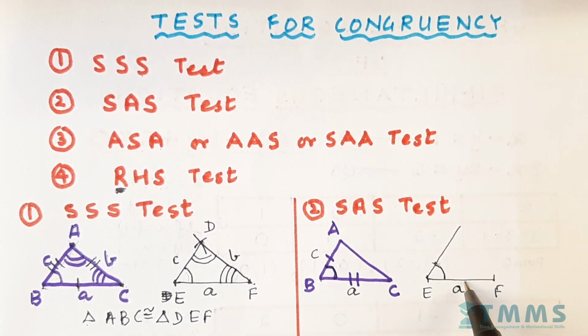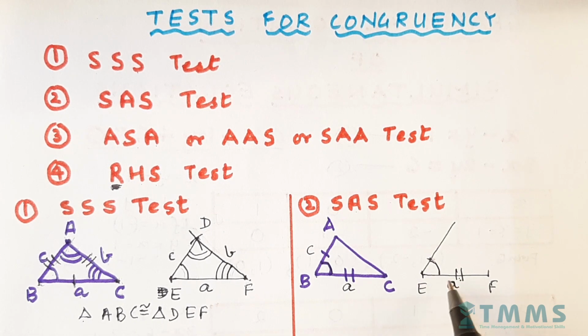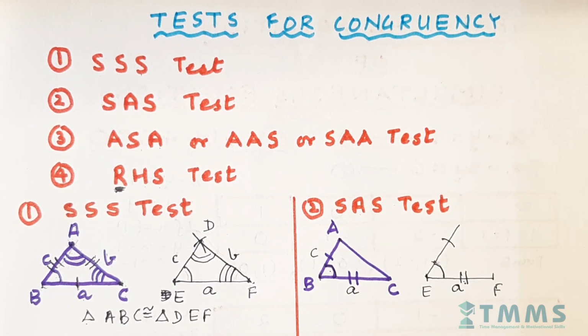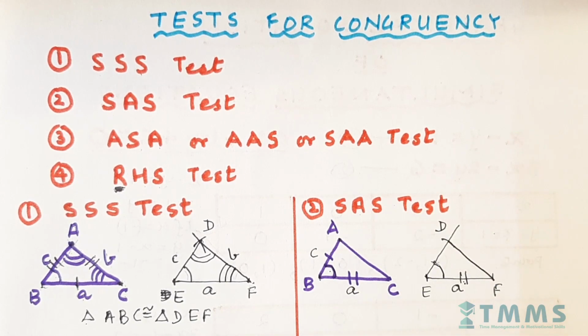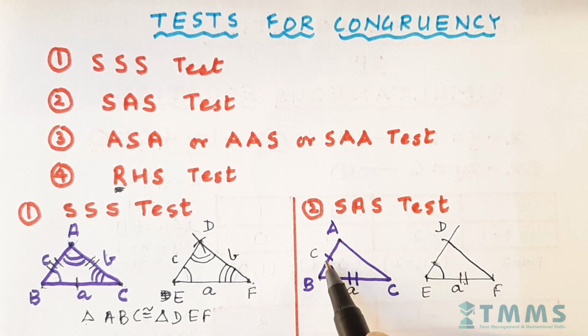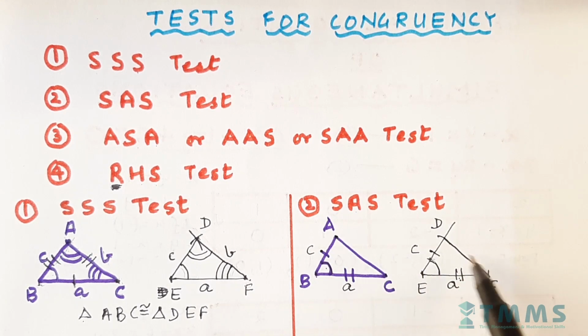So I have finished with the side, which is with 2 lines, and then we have a centimeters as our EF, then we have angle B equal to angle E, and now I'm going to measure c centimeters, which is the length of AB, and I'm going to draw the arc taking this as the center with the compass, and this point I'll call D. Now if I join DF, I will see that this DE is equal to c centimeters as I have taken it, alright? But even AC will be equal.